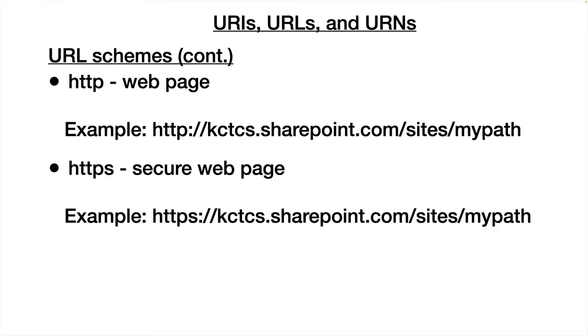We also have a scheme of HTTPS, which is secure web access. So if we wanted to access the URL more securely, and the web server does support SSL, then you can use HTTPS: and then the rest of the URL.